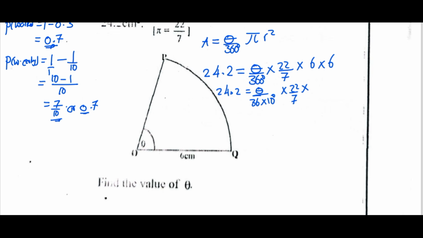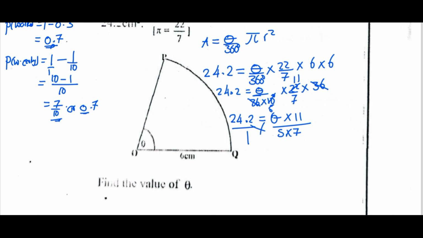Then we know that 6 times 6 will give us 36, so 36 here, 36 here, cancel. Then we can also cancel 2 here, is 11, 2 here, is 5. So at this point we have 24.2 is equal to theta times 11 over 5 times 7. So over 1 we can now cross multiply.